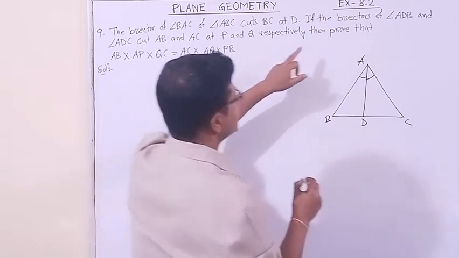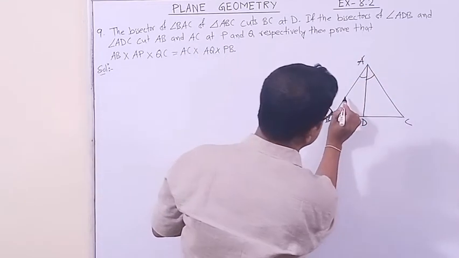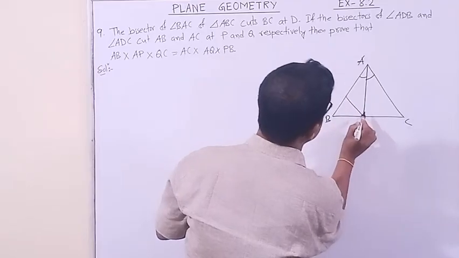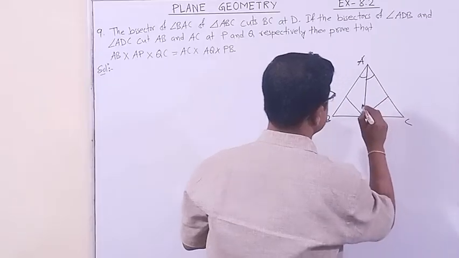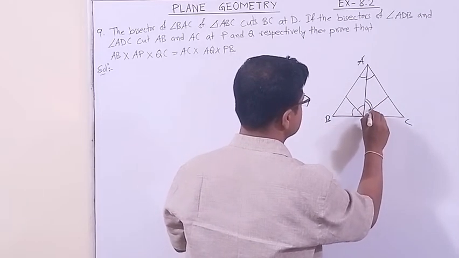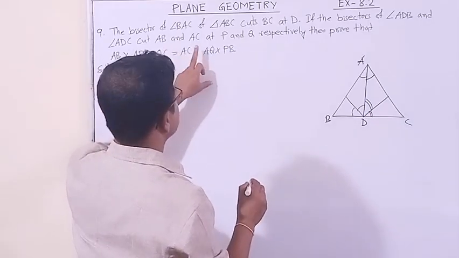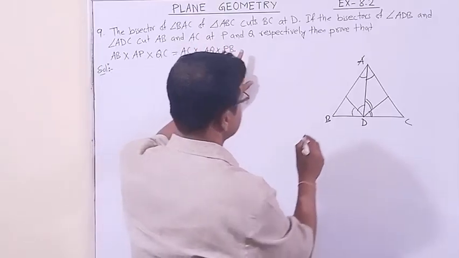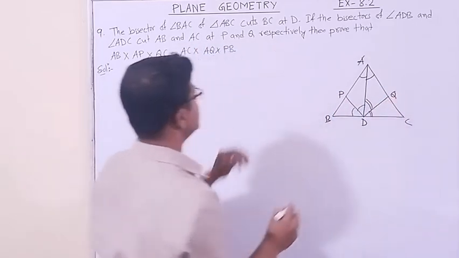After that, the bisectors of angle ADB and angle ADC, let us draw both. That means this angle is equal to this angle is equal to this angle. They cut AB and AC at P and Q respectively.